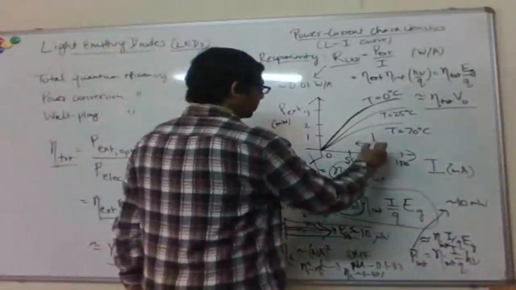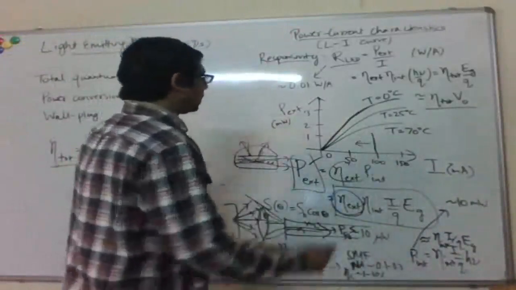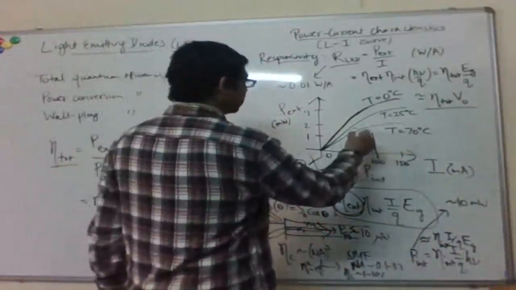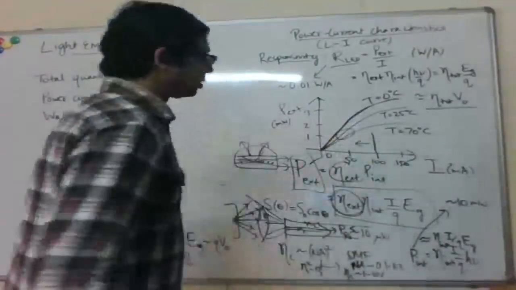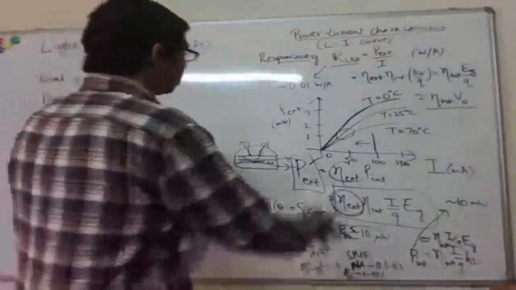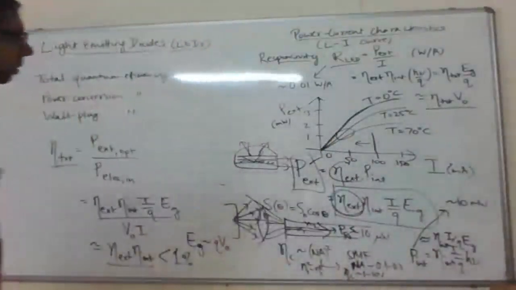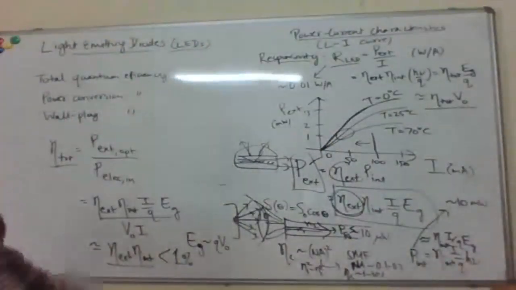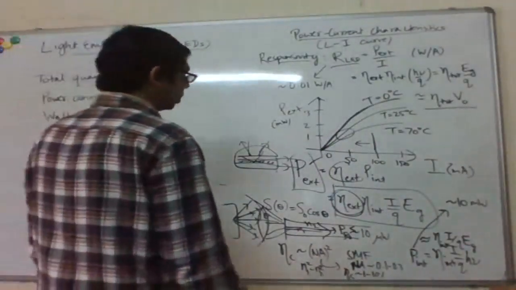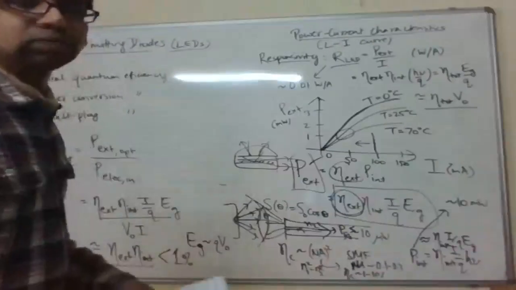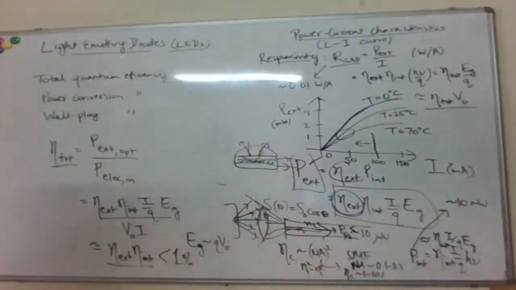So typically you want to operate up to 100 milliamp current, and there, at room temperature, the powers are around milliwatts. That would be a very good LED. Typically you would have 10 to 100 microwatts for a standard cheap LED.